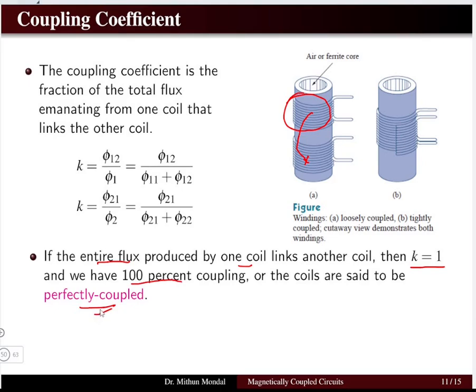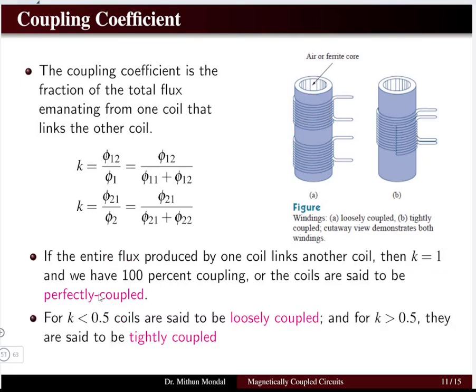On the other hand, if the value of k is less than 0.5, then we say the coils are loosely coupled, whereas for k greater than 0.5, the coils are tightly coupled. So three different conditions can be there. Here we can see there is a large gap between the first coil and the second coil, the distance between them is more, so it is loosely coupled, whereas the first and second coils are tightly coupled in the second case.